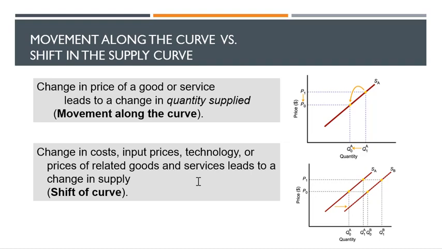In that case, supply will decrease. On the other hand, if there is a decrease in input cost, that means with the same level of output, the cost of production will be lower and suppliers will be encouraged to supply more. So in this diagram, as you can see, when the supply curve moves to the right, this means there is an increase in supply.